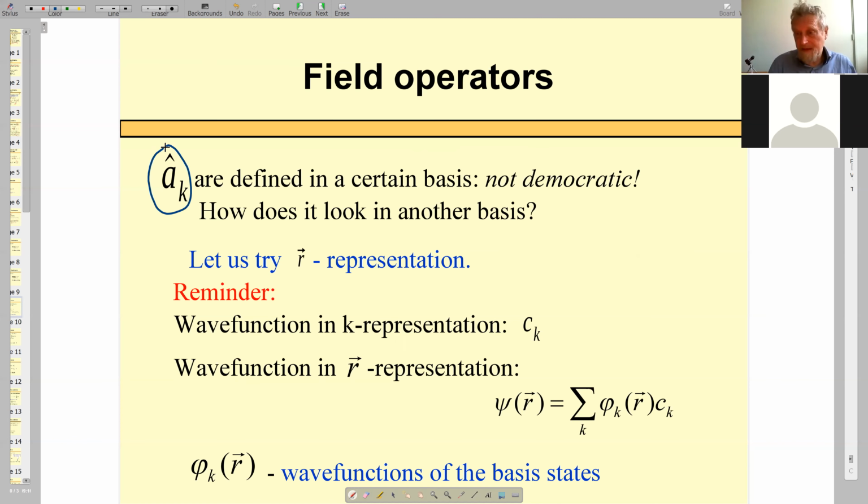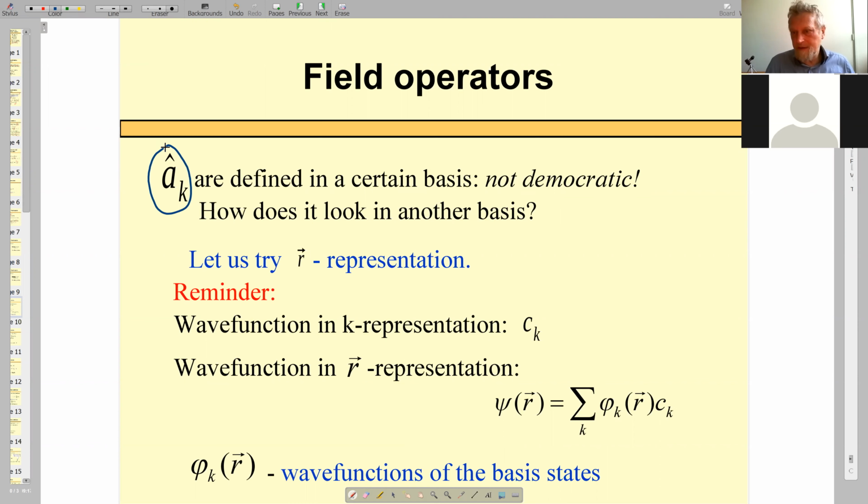But as we discussed, quantum mechanics is a very democratic science. And one has a freedom of choice of pictures, freedom of choice of the basis as well. All bases which we can imagine are equal with respect to quantum mechanics.